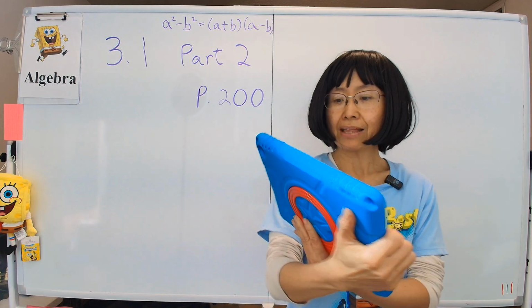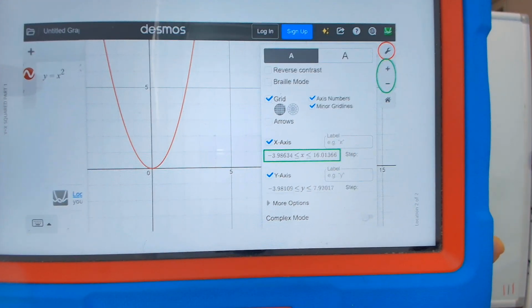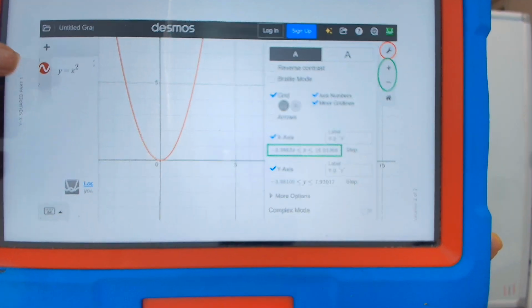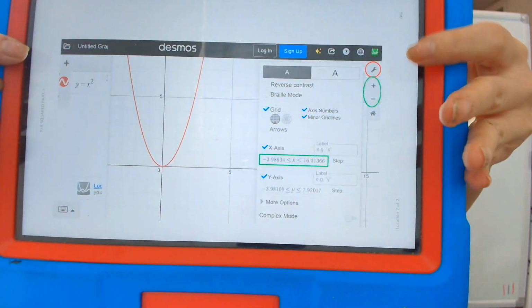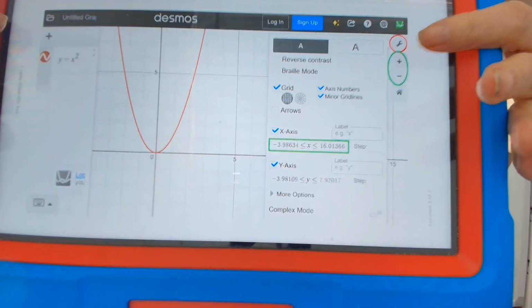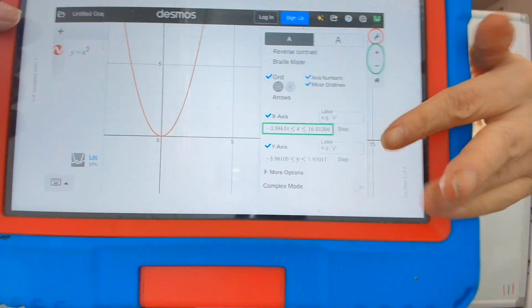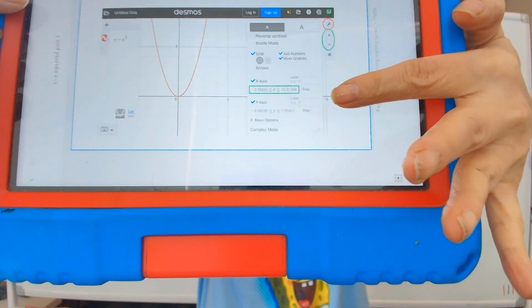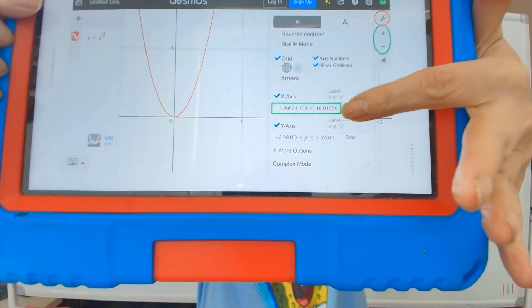Now, to do that, see, this is what I graphed on here. This is just a regular graph, but what I want to show you is that to change the graph, you click this wrench symbol, and then a menu will open where you can change the range to whatever you want.